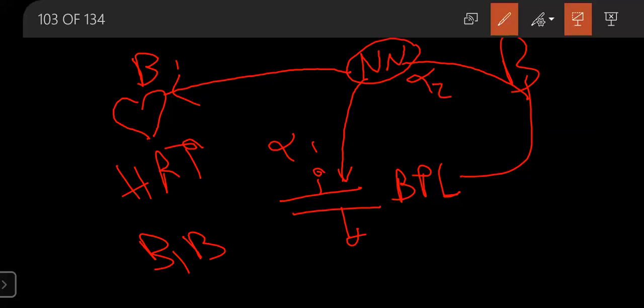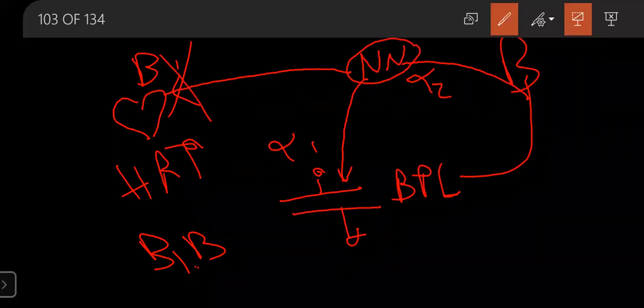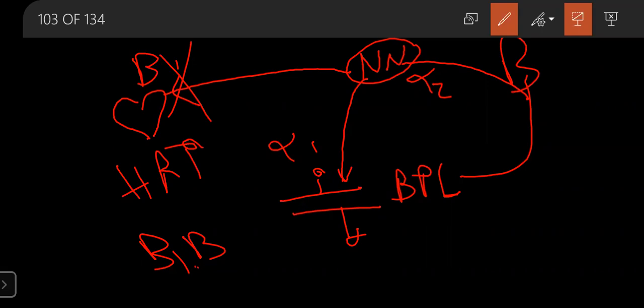I can't. Because beta blockers block beta 1 receptors in the heart, there is no reflex tachycardia that can occur with beta blockers if they are used as antihypertensive medication.